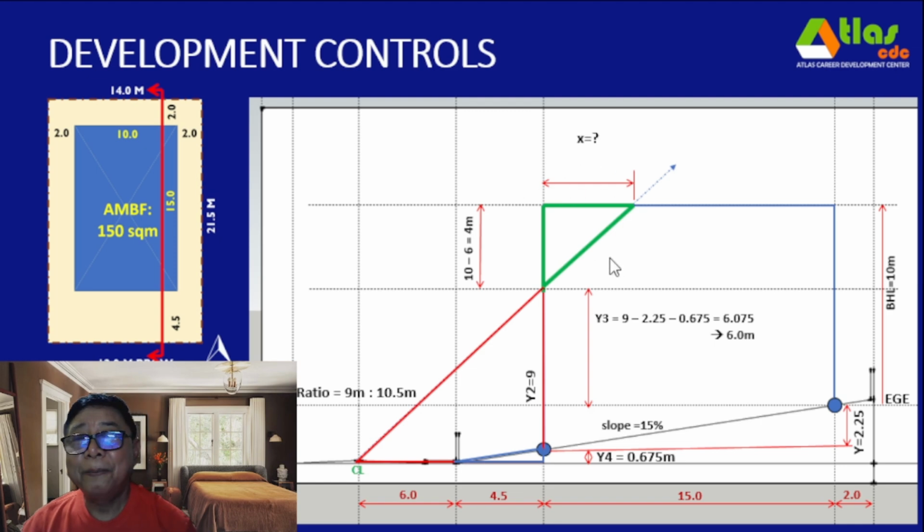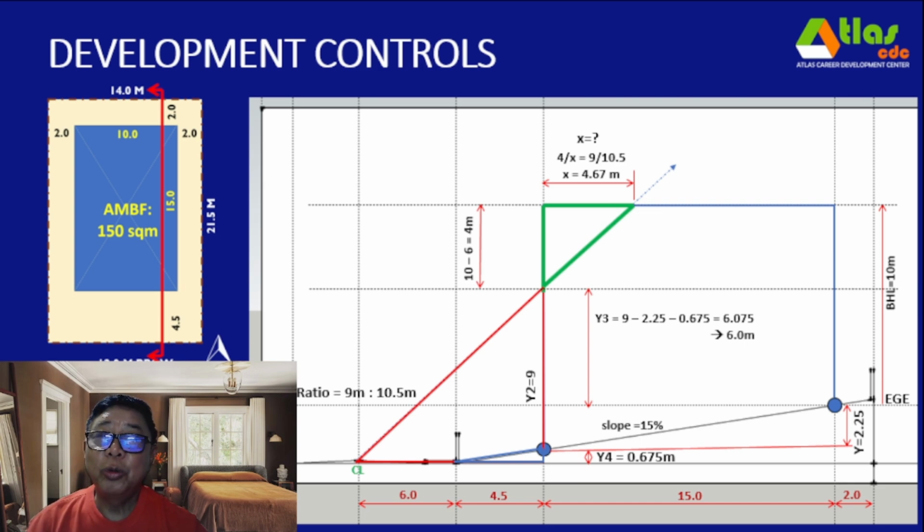Okay, so therefore our x will be this ratio of 9 over 10.5 will be the same as the y of 4 meters over this x distance. So it will be 4 over x will be the same as 9 over 10.5, giving you a value of x here at 4.67 meters.